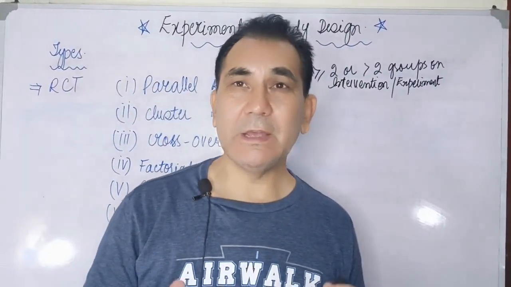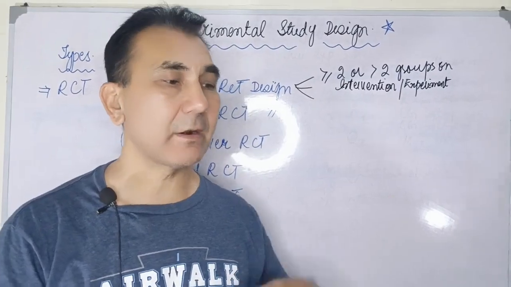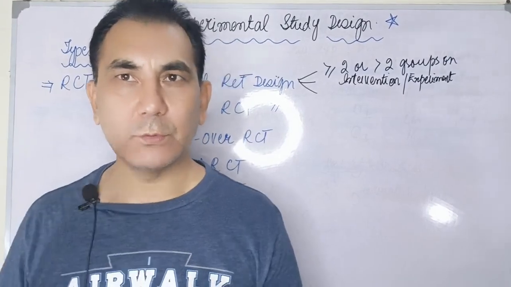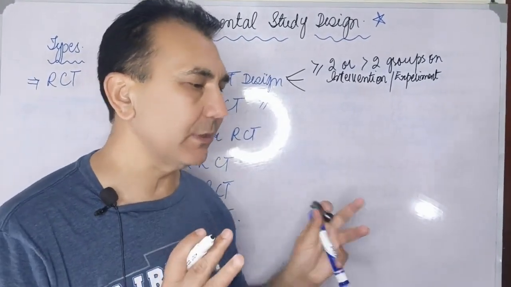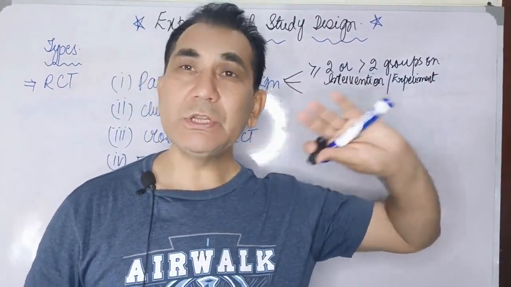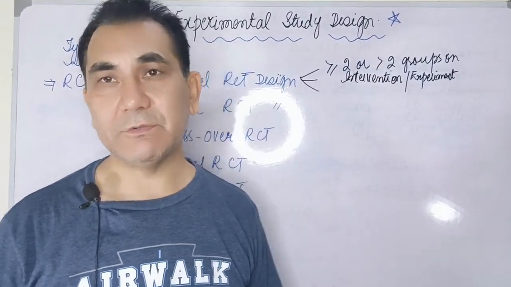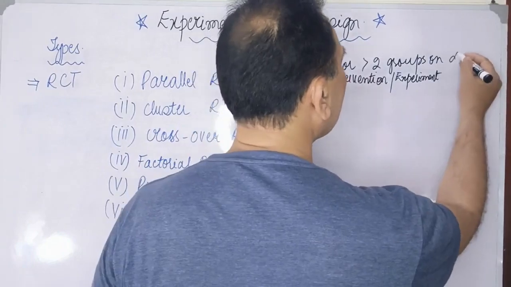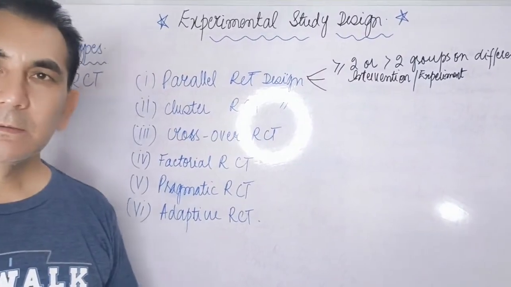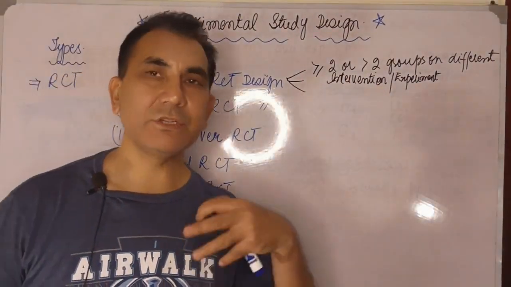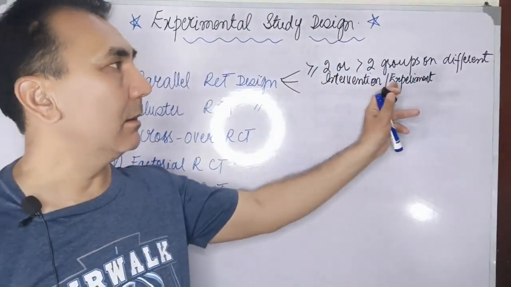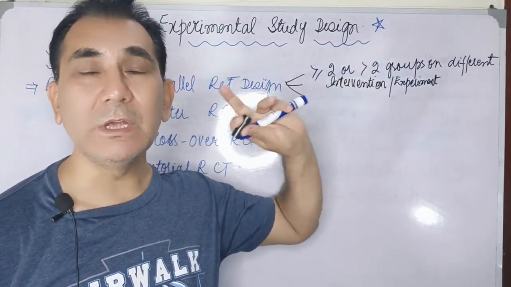In this study design, the researcher recruits or randomly allocates 2 or more than 2 groups, 3 or 4 groups. He makes the 3 or 4 groups, and he gives a different type of intervention to each group. He or she, the researcher, will assign different interventions to each group.